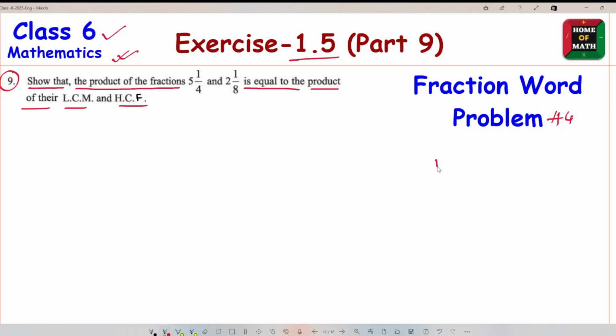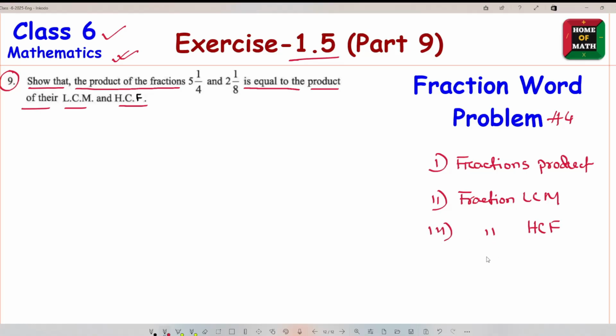Number one, fraction product. Number two, fraction LCM. Number three, fraction HCF. Number four, compare. Okay, so step by step.